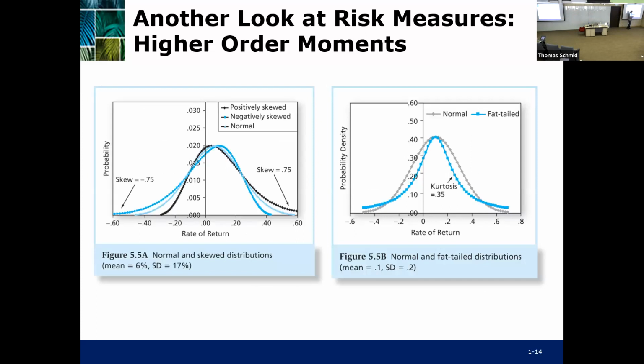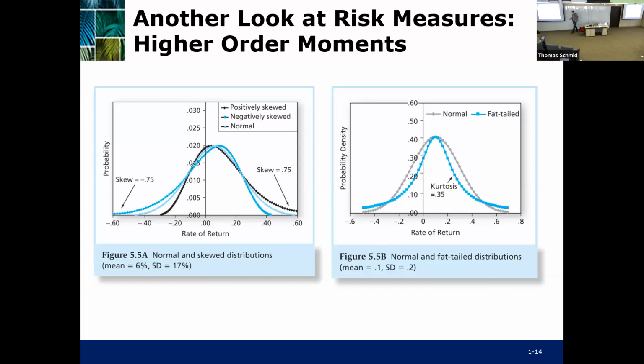So both can have the same expected value, and both can also have the same variance. But the blue one has a higher kurtosis, an excess kurtosis. So the kurtosis of the normal distribution is 3. So if this one has a kurtosis of 3.35, or an excess of 0.35, the difference is 3.